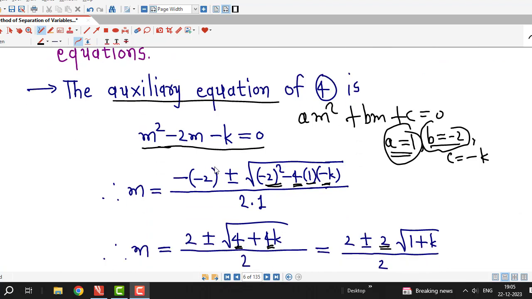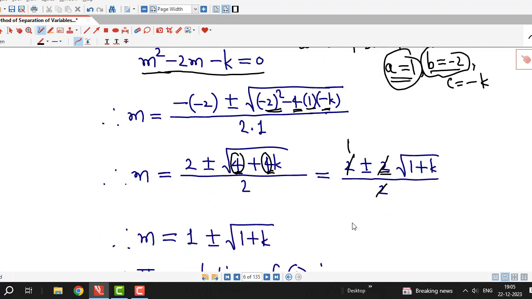Simplifying, negative negative is positive, so that is 2 plus or minus square root of 4 plus 4k divided by 2. Here I can take 4 common, so I am left with 1 plus k, and the square root of 4 is 2, and these 2s get cancelled and we are left with 1 plus or minus square root of 1 plus k. And k is a real constant, so we can say that the roots are real and distinct.